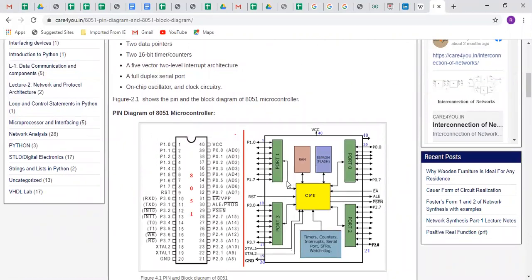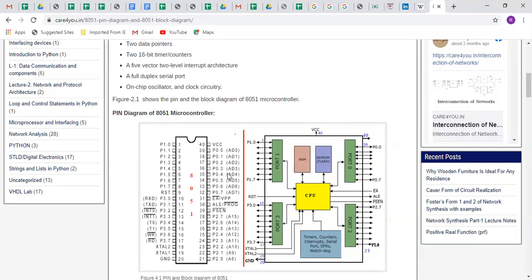This is exactly the internal configuration and the pin diagram of an 8051 microcontroller. As you can see, there are 4 ports: 8-bit port 0, port 1 (port 1.0 to port 1.7), port 2 (port 2.0 to 2.7), and port 3 (port 3.0 to 3.7).